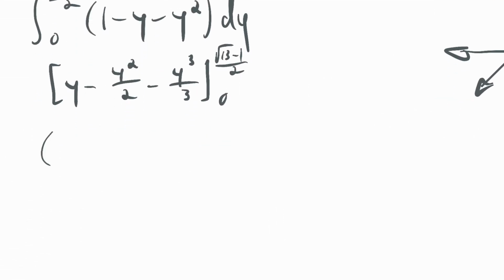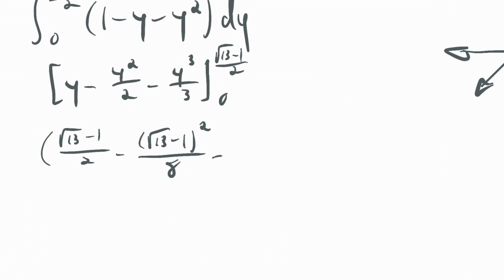So we're going to have root 13 minus 1 over 2, minus that squared, so that's root 13 minus 1 squared over 8, if you work that out, minus root 13 minus 1 cubed over 24.